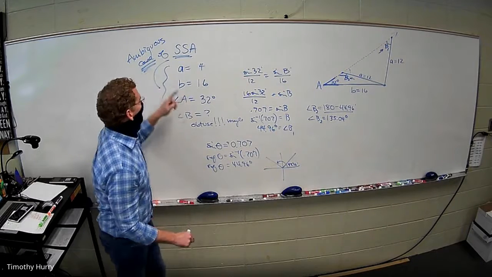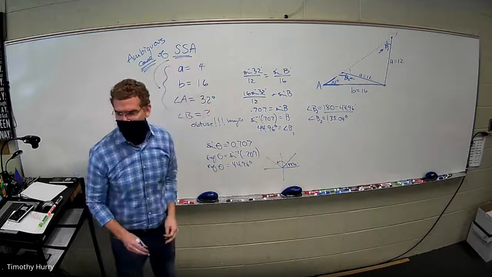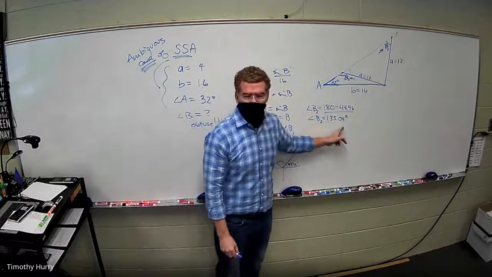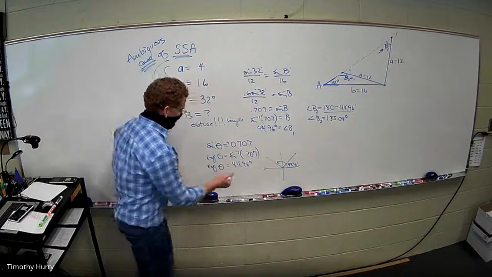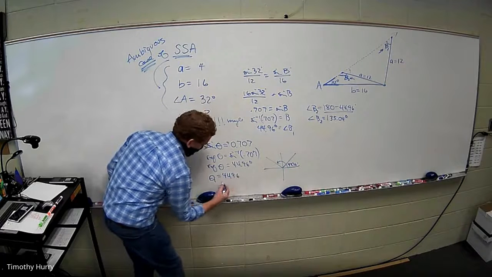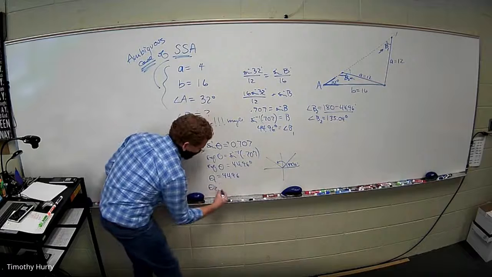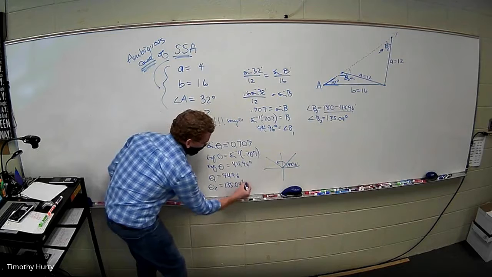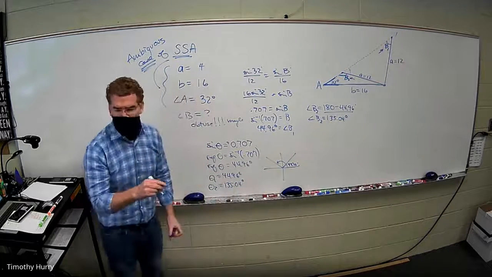And by the way, if it's not an ambiguous case, guess what happens every time with this second angle? You could still do it this way. You could say, okay, theta 1 is 44.96 plus 360n. Theta 2 is 180 minus that, so 135.04. You could still find these every single time.